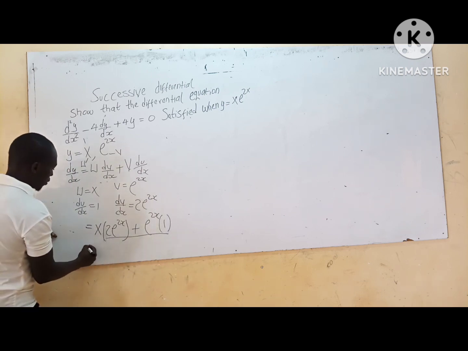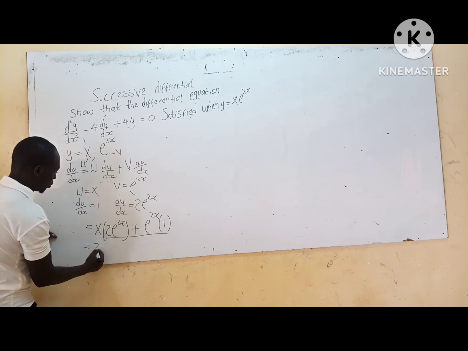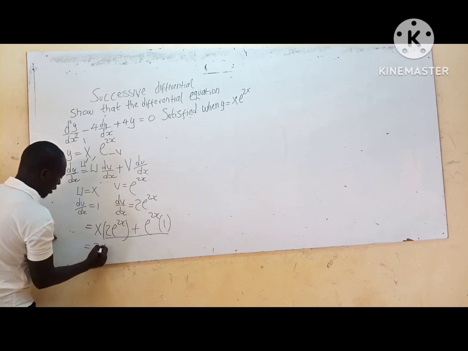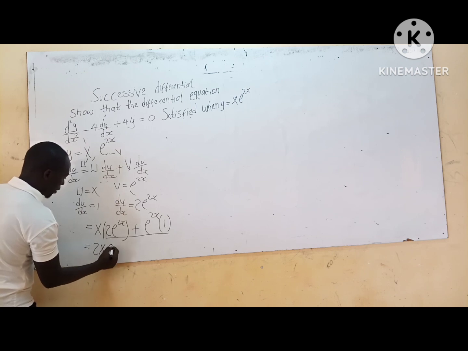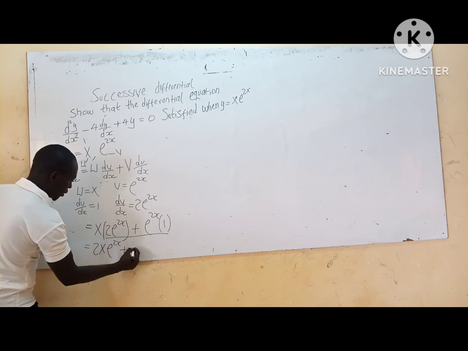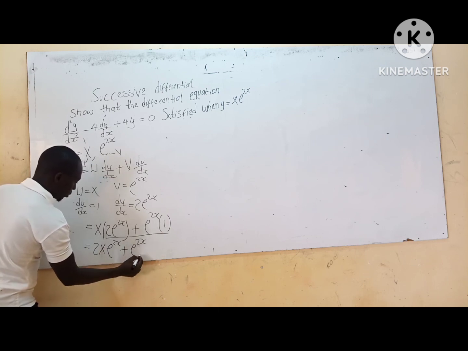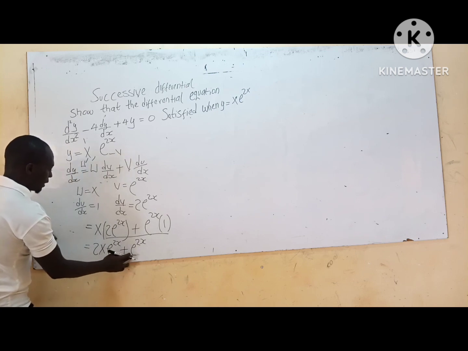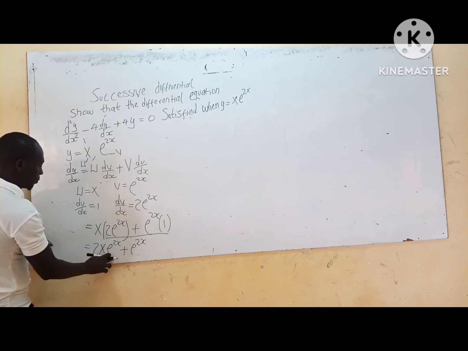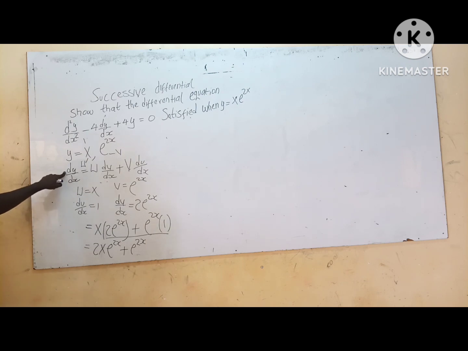When we simplify what we have here, we can have 2x exponential 2x, we add to exponential 2x, and this is our answer for dy with respect to dx.